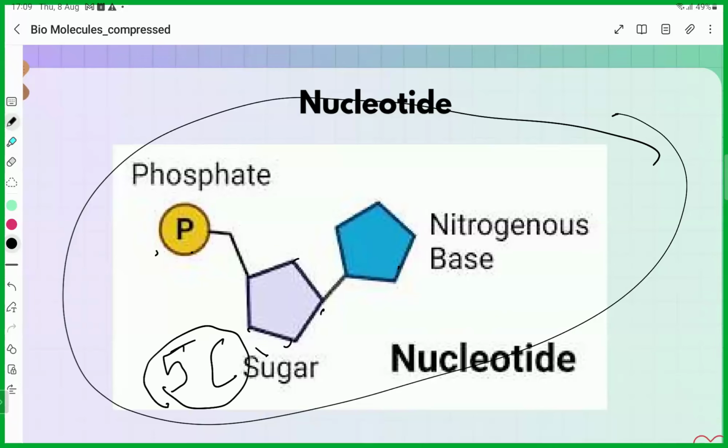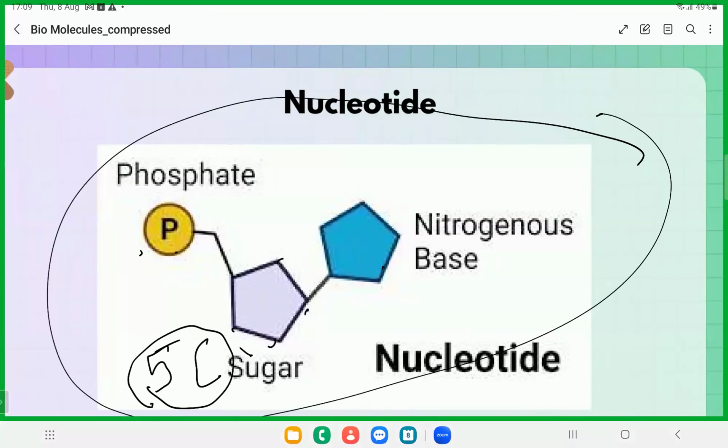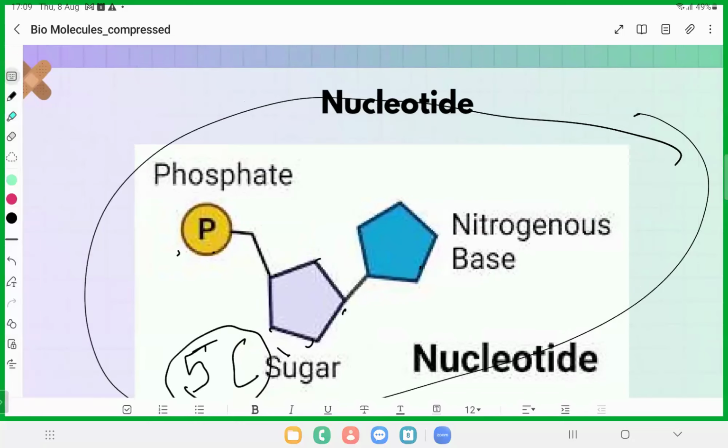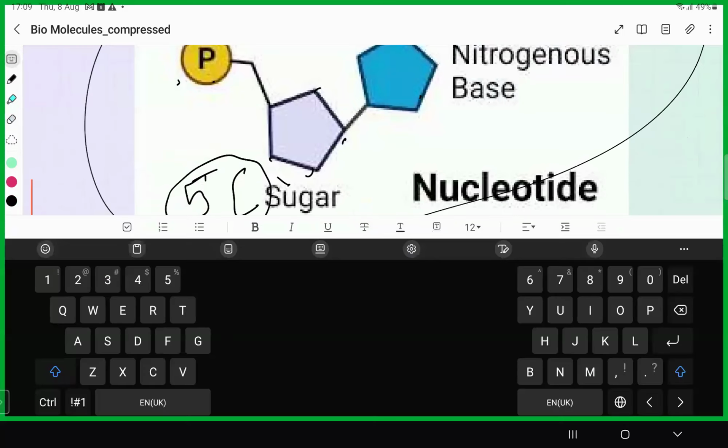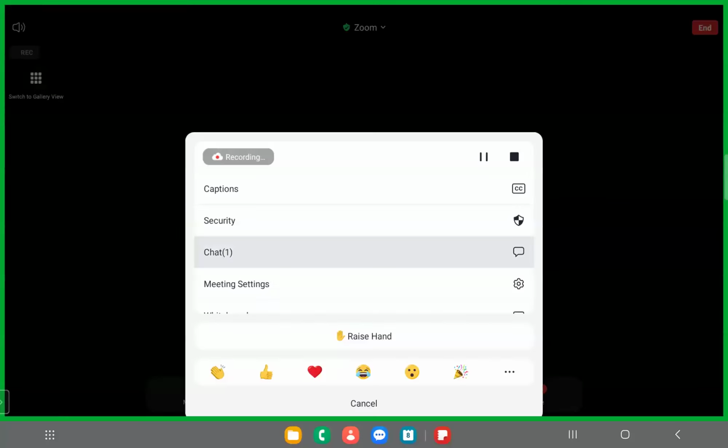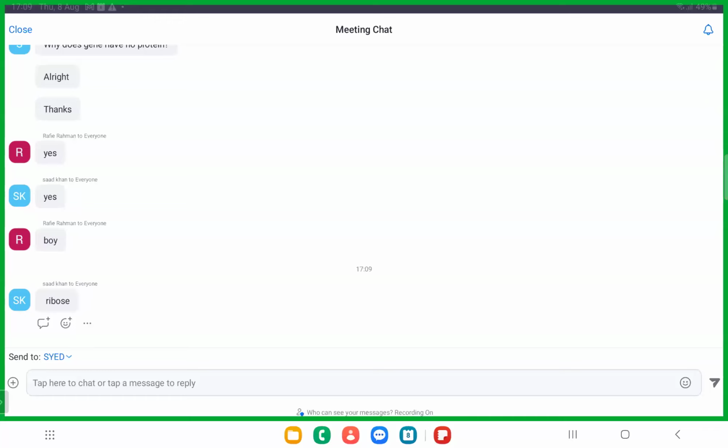Which kind of sugar that you memorized yesterday has 5 carbons? Let's see if you remember. Ribose. Excellent.